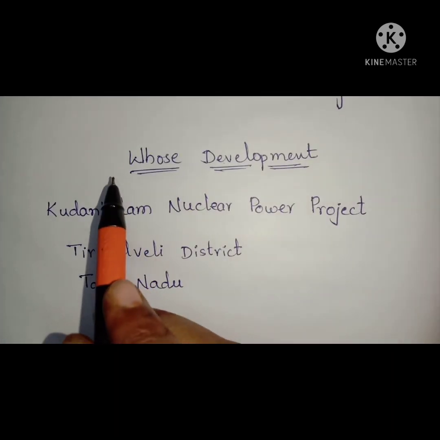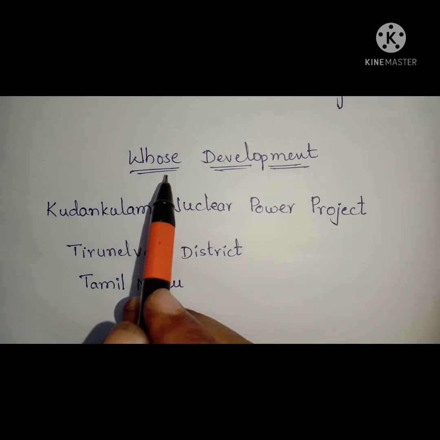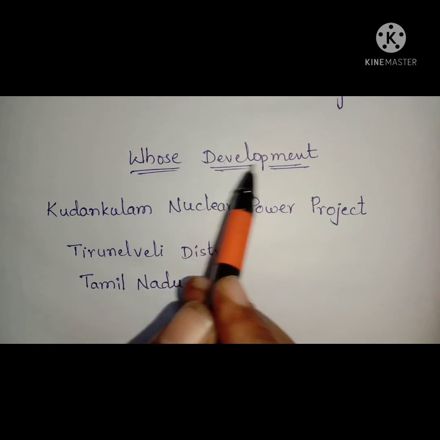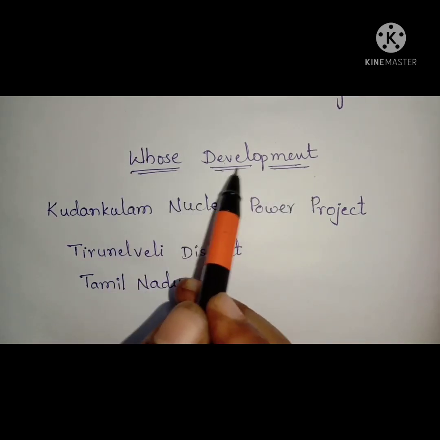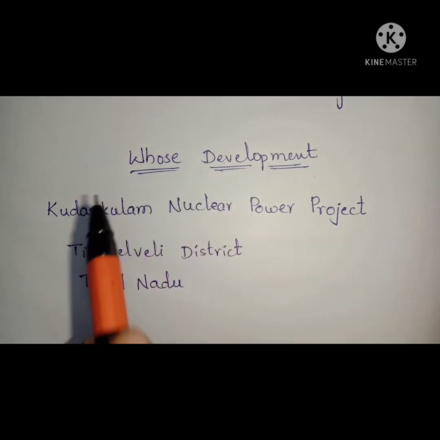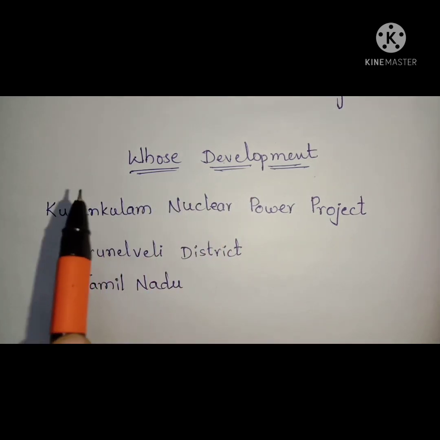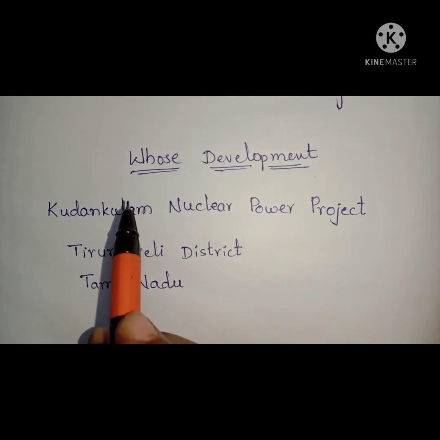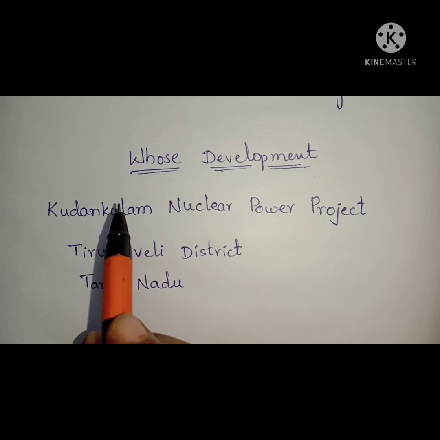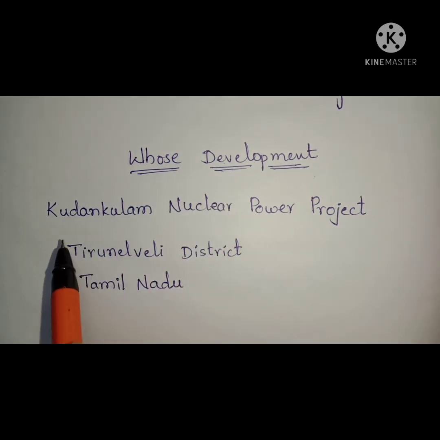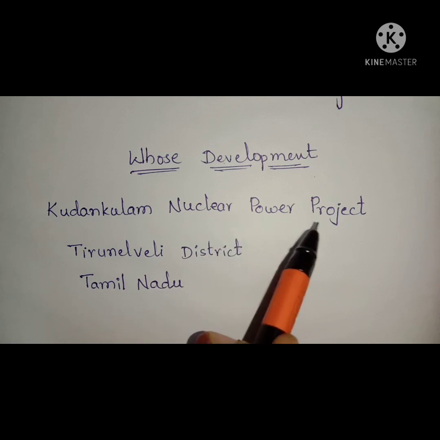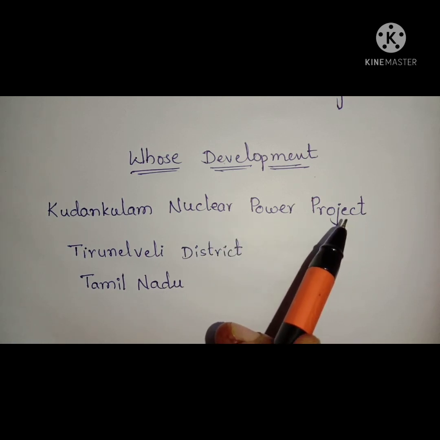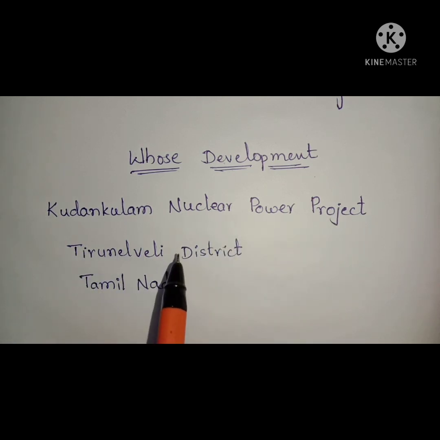Now let us come to the next topic, whose development. For example, recently the most highlighted issue which happened in Tamil Nadu was the Kudankulam nuclear power project, which is located in Tirunelveli district in Tamil Nadu.